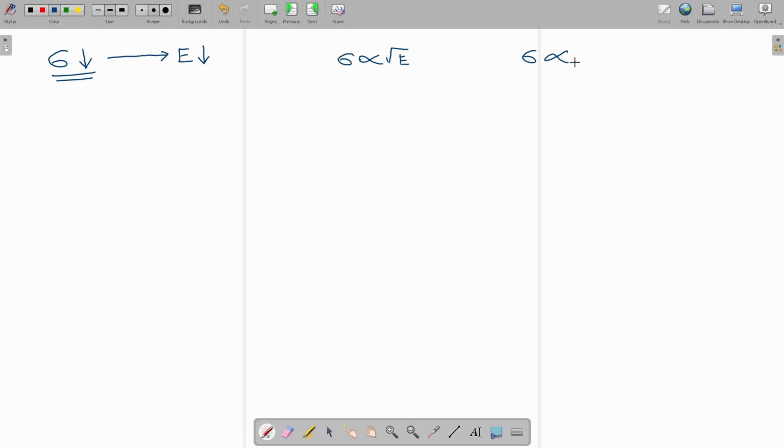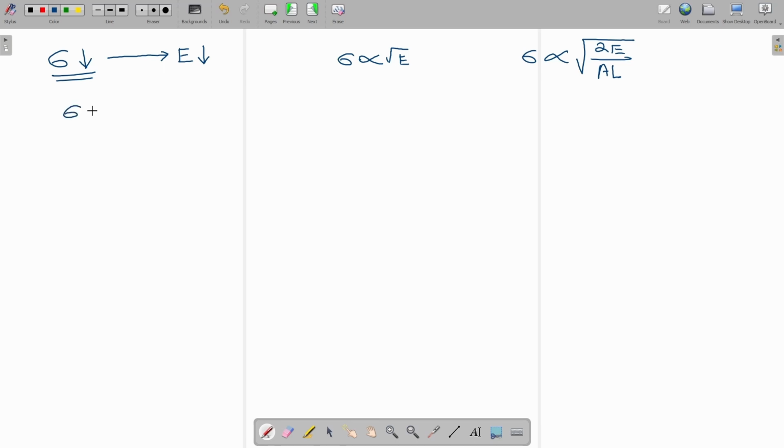Sigma is directly proportional to root over of 2E by AL. Okay, this is the formula. Now, to decrease the stress, Young's modulus has to be reduced.